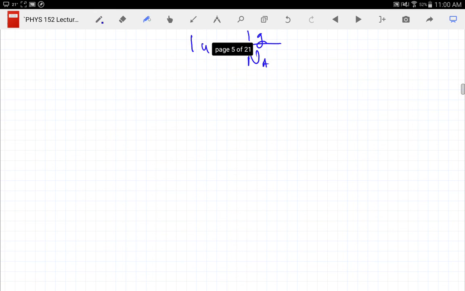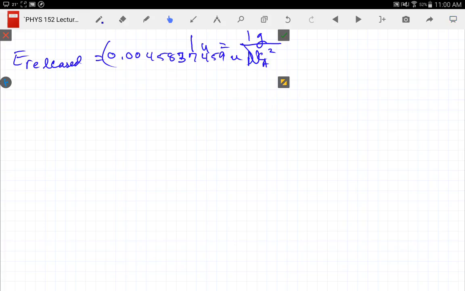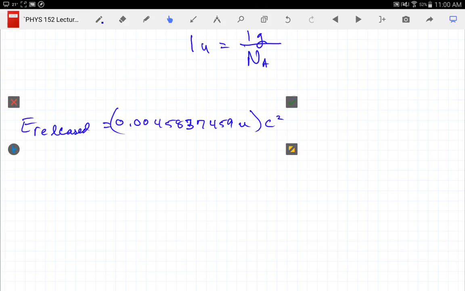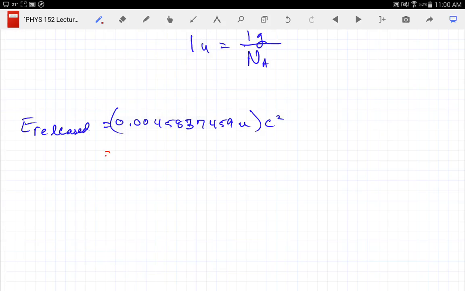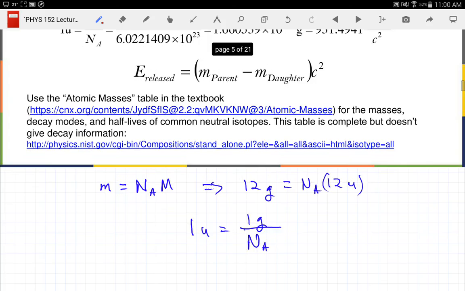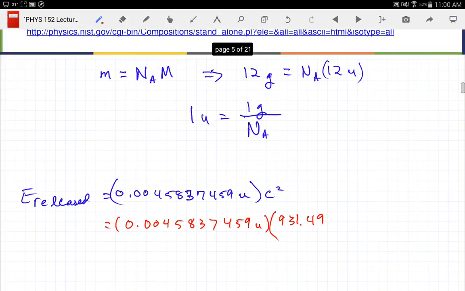So paste my equation from the preceding page. That's going to be equal to (931.4941).